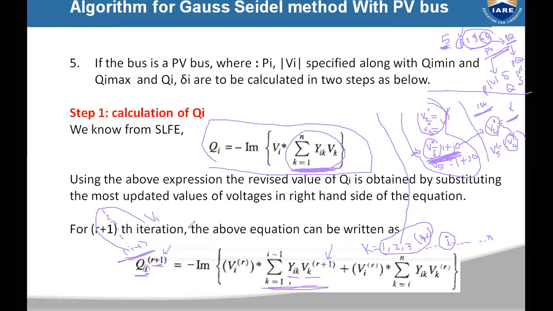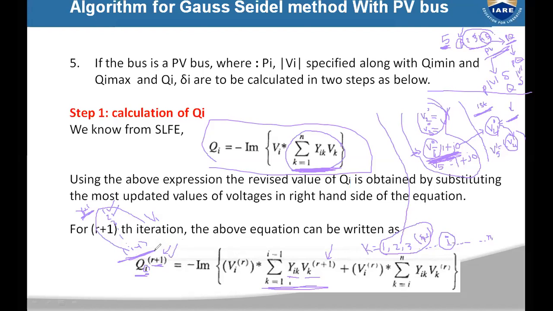In such a case, this all belongs to the (r plus 1)th iteration. In the (r plus 1)th iteration, if you write for the first bus, once you calculate it, it is updated. Then for the second bus you calculate and it is updated. Like this you are going to write for the (r plus 1)th iteration.